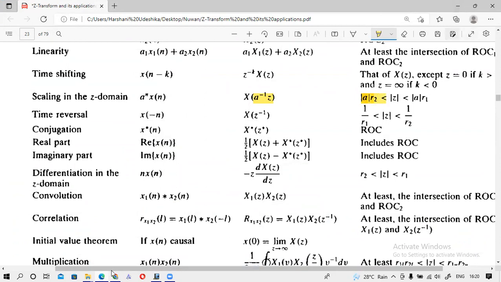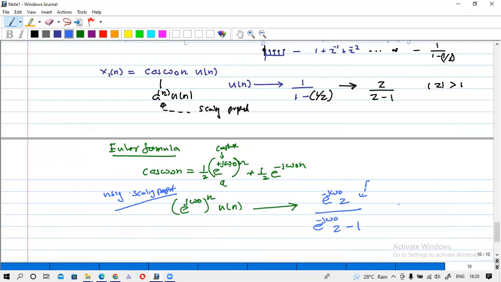So here my ROC will be, z is greater than 1. Actually here it should be the magnitude of e to the power j omega naught times 1.